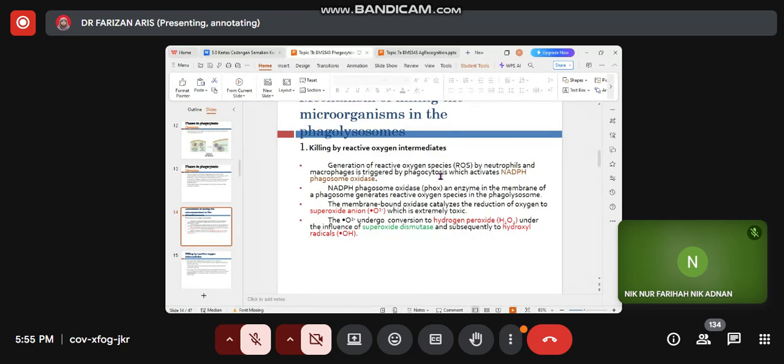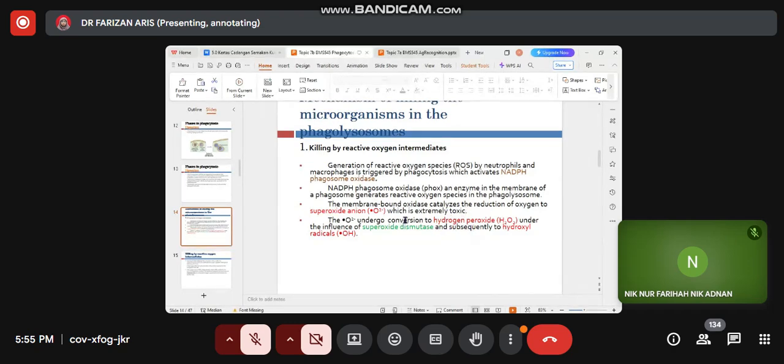We know that when the phagocytes want to kill the pathogen, they need to engulf it, right? The formation of the engulfment, the pseudopods surrounding the bacteria, will actually activate this enzyme, NADPH phagosome oxidase. Once activated, this enzyme will reduce oxygen into oxygen radicals, superoxide anion, which is toxic.